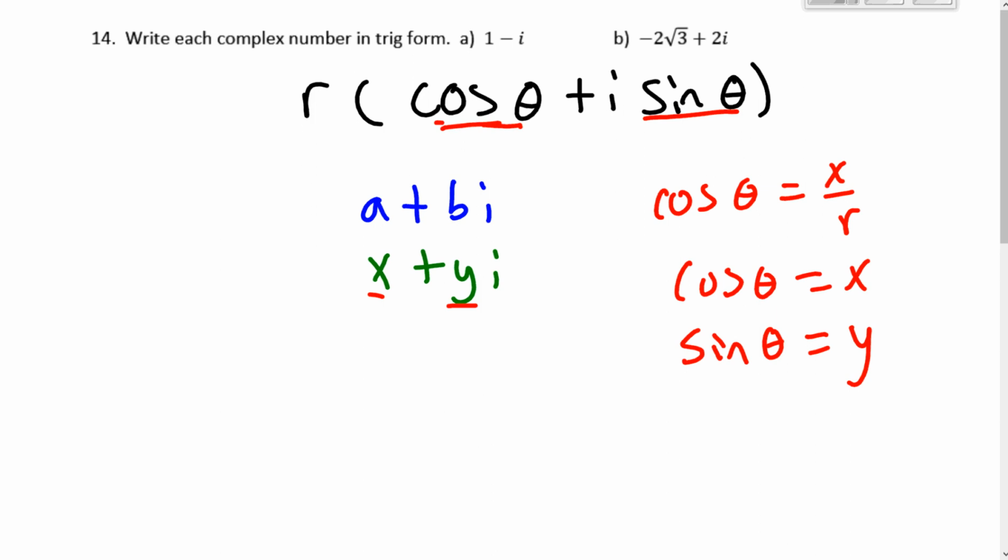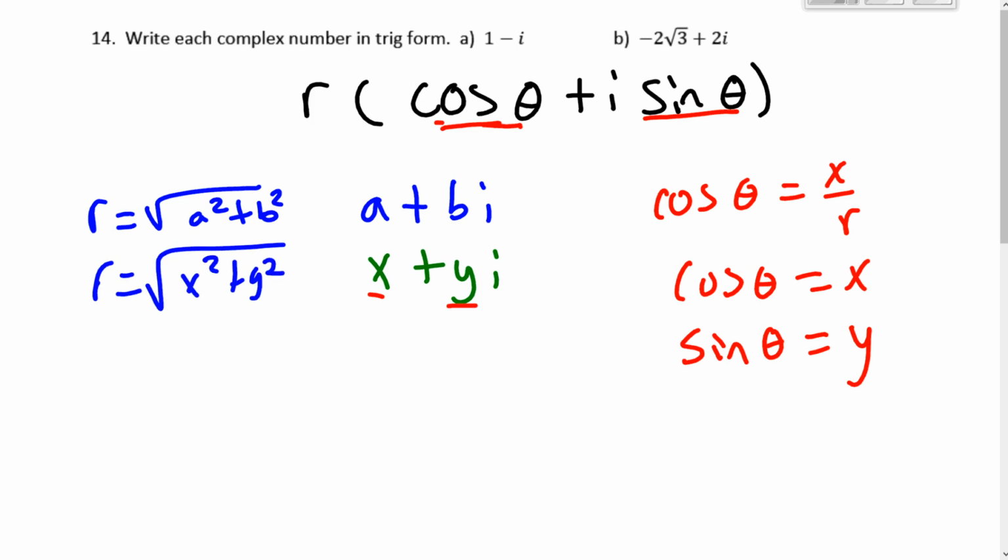And then we just have our r. How we find our r is the Pythagorean theorem. So for a plus bi, r is equal to the square root of a squared plus b squared, the distance from 0. Or you can do r is equal to the square root of x squared plus y squared. It's the same thing. And then to get our theta, all we need is an r and our theta.